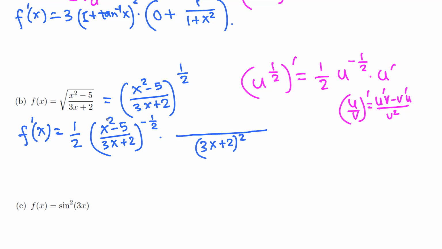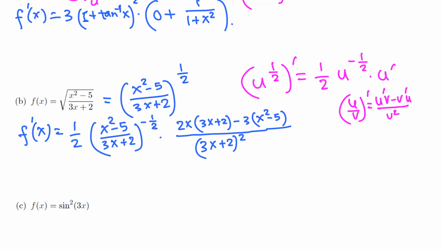The derivative of the top is 2x minus 0, just 2x, u prime times v, 3x plus 2, minus the derivative of the bottom, just 3 plus 0, 3, times the top, x squared minus 5. We don't have to simplify. The best we can do is distribute this, but that's not necessary here, so we may leave it here.